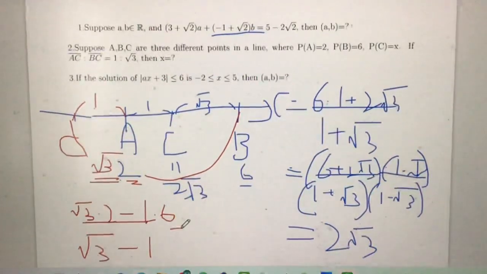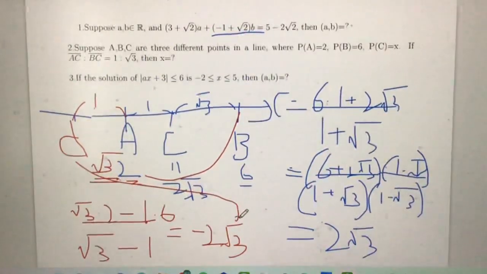And we just compute this one, we can get minus 2 square root 3. So by the outside section formula, we can compute C equals minus 2 square root 3.